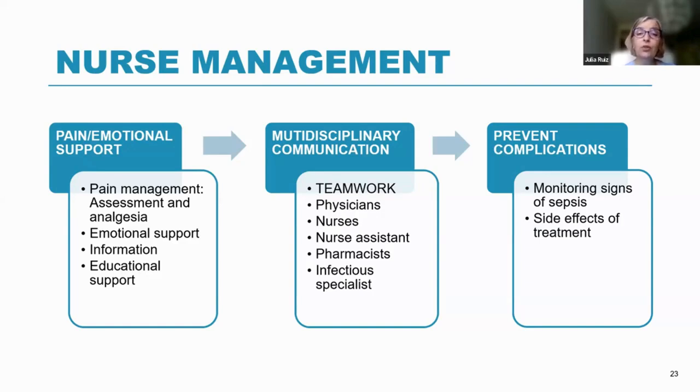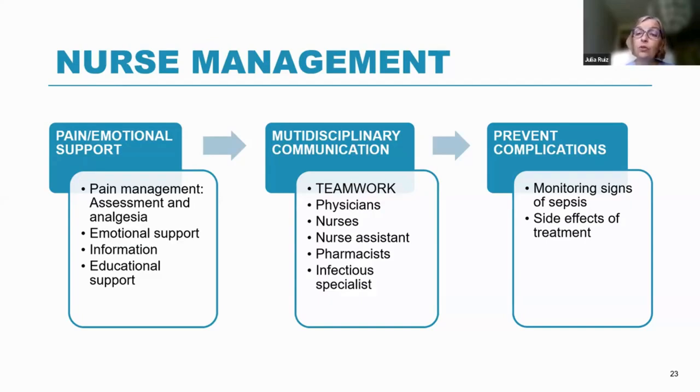Then it's very important to have the multidisciplinary communication. This is a teamwork where all of us are together, and it's really needed to inform in an adequate way the physicians, nurses, other nurses, nurse assistants, pharmacists, and any infectious specialists that can be working with us. And finally, we have to prevent complications.